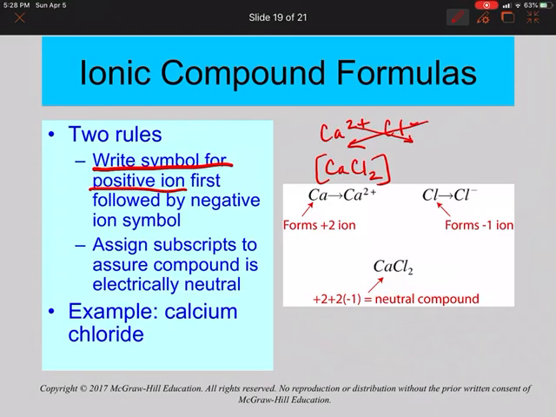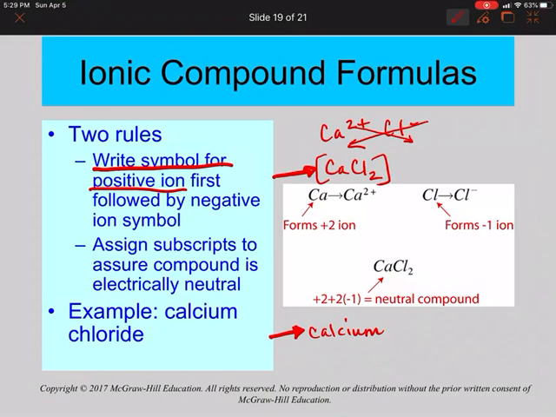Okay, so hopefully you guys are understanding what I'm saying when I do that. I can't ask if there are any questions, so if you do have a question, you need to message me about this at some point this week. Okay? And so see how there's just 2 elements? Whenever there are just 2 elements in an ionic compound, you list the metal ion first. This is the formula way of writing it, and this is the word way of writing it.